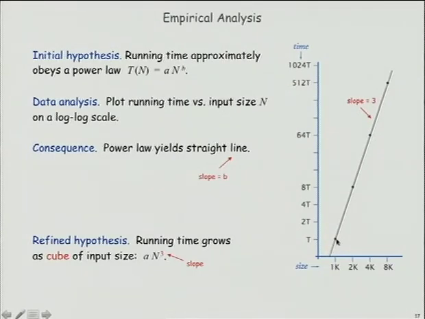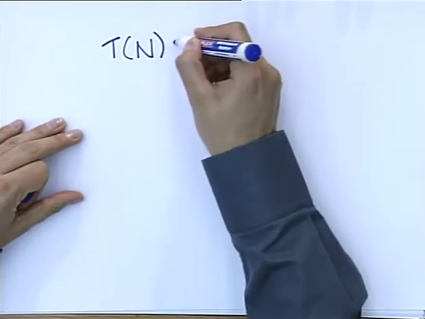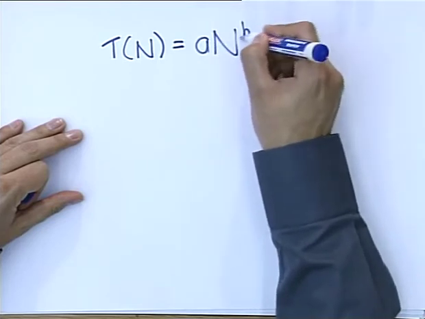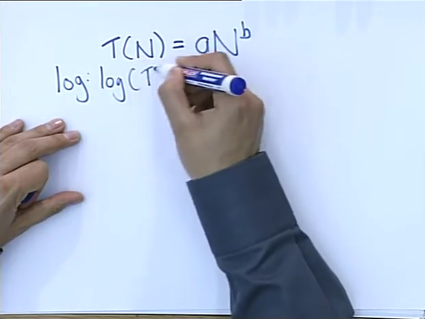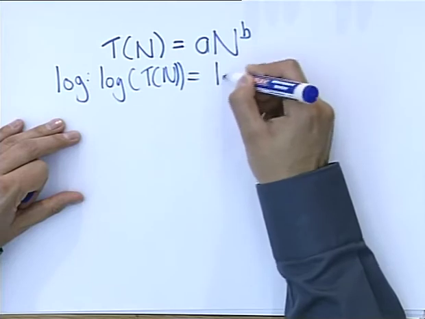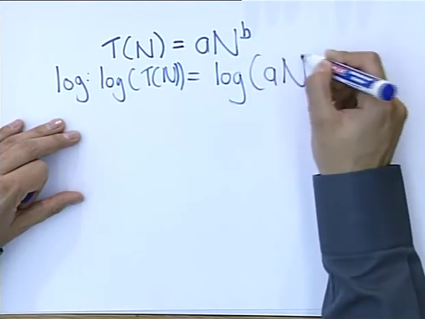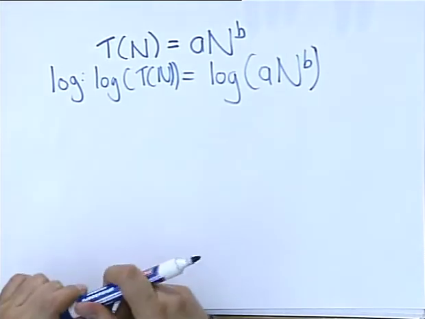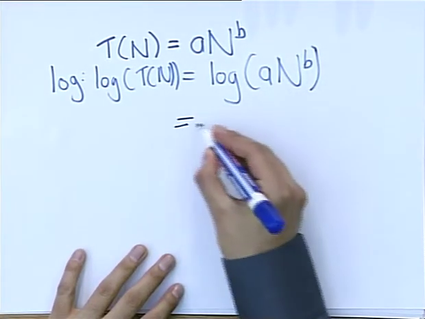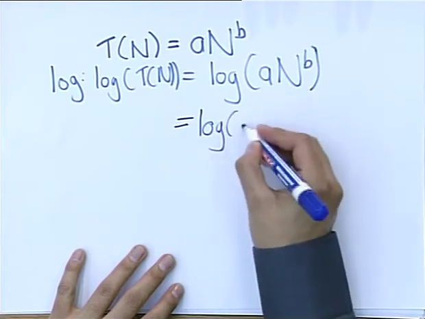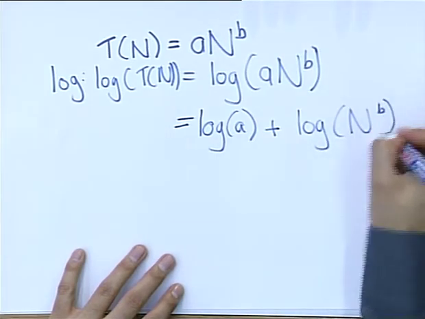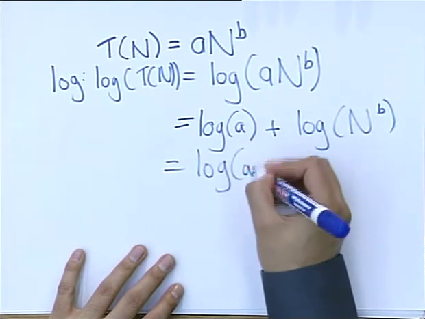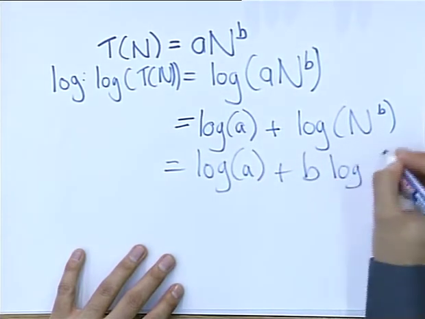Just to make the mathematics more clear, if I have T(n) equal to a n^b, then I take log on both sides. So I have log of T(n) equals the log of a n^b, and hopefully you still remember from high school that the log of a n^b is equal to the log of a plus the log of n^b, and that's equal to the log of a plus b times the log of n.